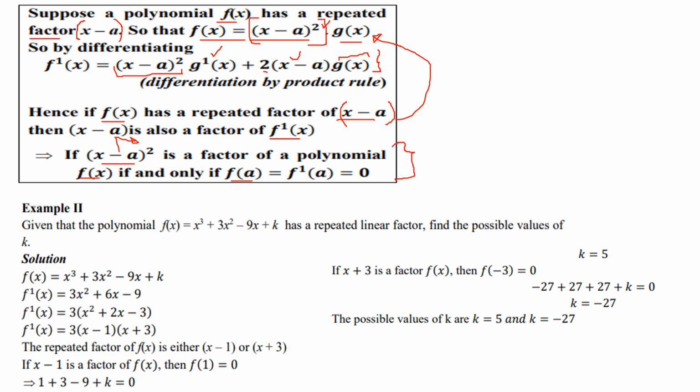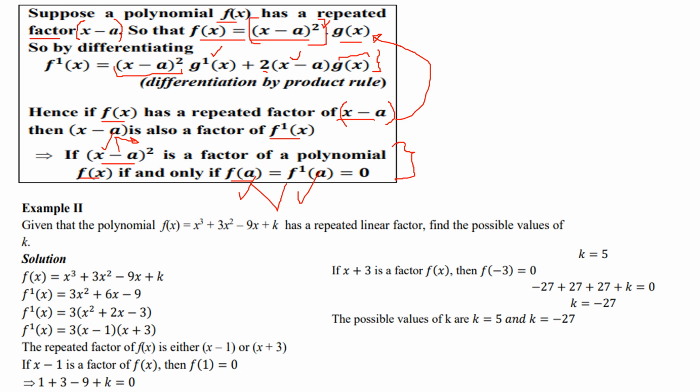So x is equal to a. You have to substitute a into f and also into its derivative. Remember that both of these must be equal to zero. That's what it means that the factor satisfies both the function and its derivative, like we are going to be covering in examples.